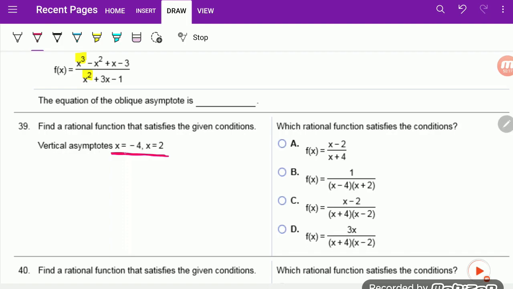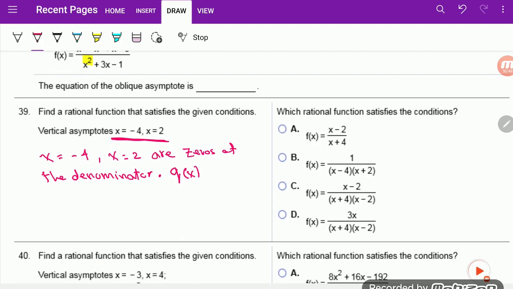We know that these are vertical asymptotes, so x equals -4 and x equals 2 are the zeros of the denominator, which is q of x.